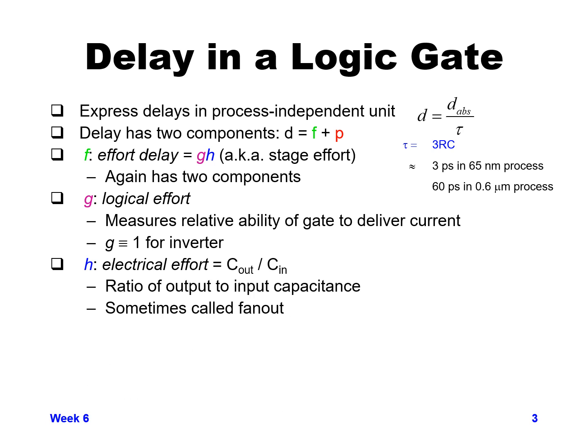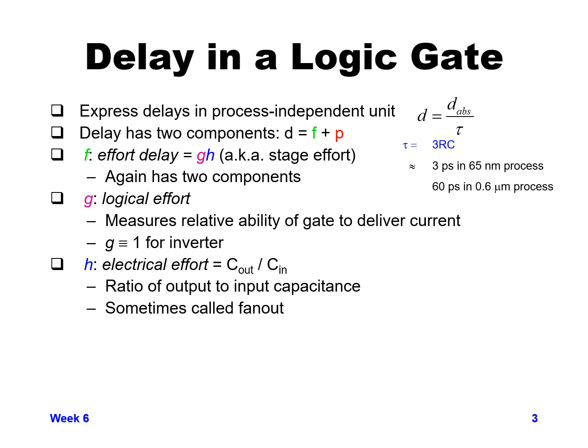The value of H is the electrical effort. This has to do with how much load you have, how many things this given stage is trying to drive. And so this is a ratio of your output capacitance to input capacitance. So the more things you're trying to drive, the more delay it's going to take for this stage to drive out.